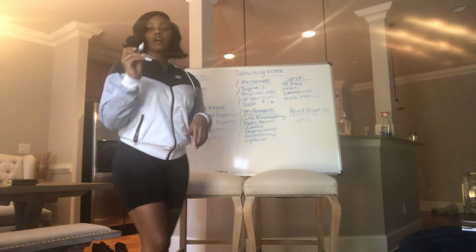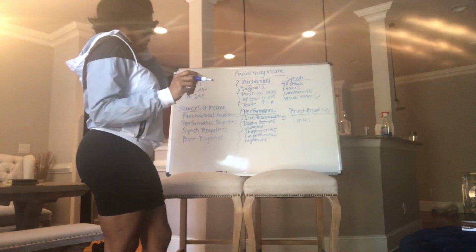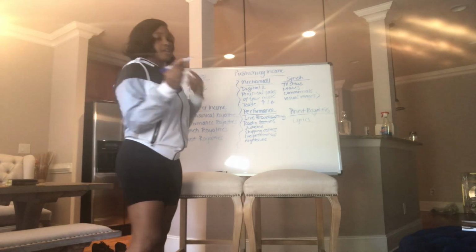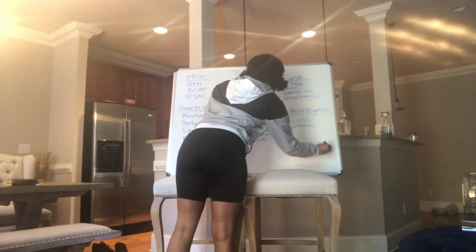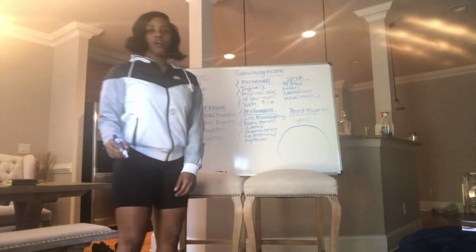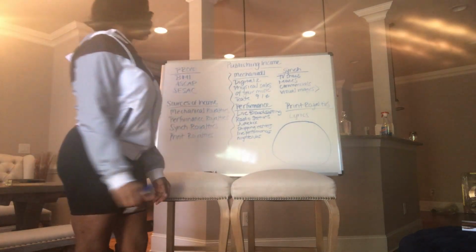All right, so let's talk about this pie now that we've talked about all of the different types of income. So the way publishing income is split is here. You have a full pie for publishing income.